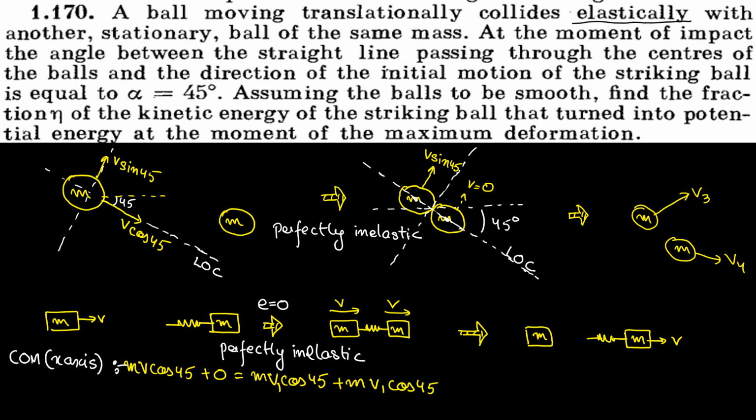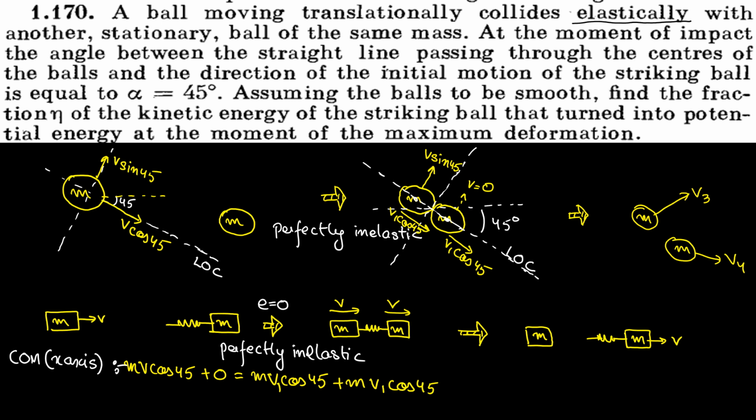That means this body was moving with velocity v1, so v1 cos 45 plus v1 cos 45, isn't it? Both the bodies will have the same velocity.